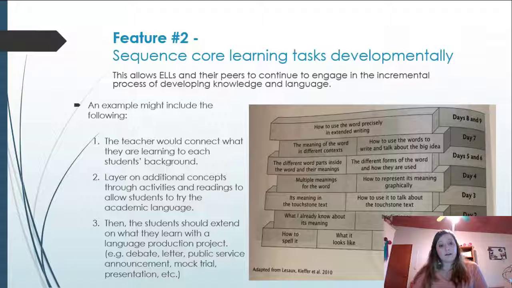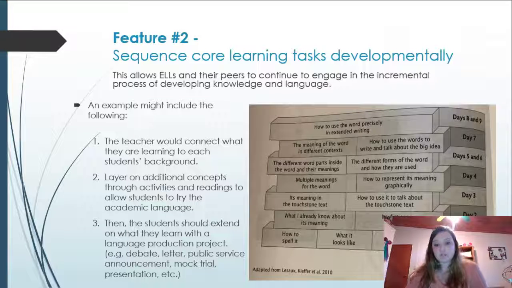And then as a final assessment, the students should extend on what they learned with a language production product. That could be a mock trial, debate, public service announcement, letter, or some kind of thing to show that they're able to use the academic language outside of the lesson.